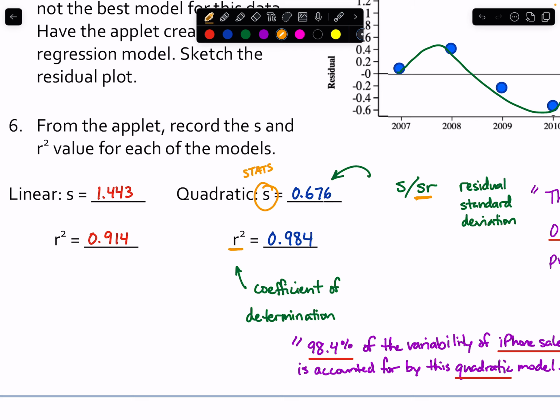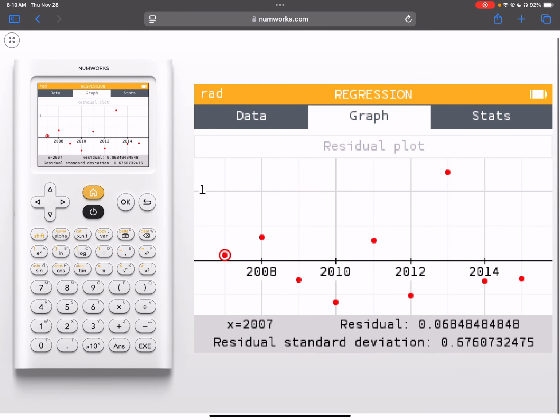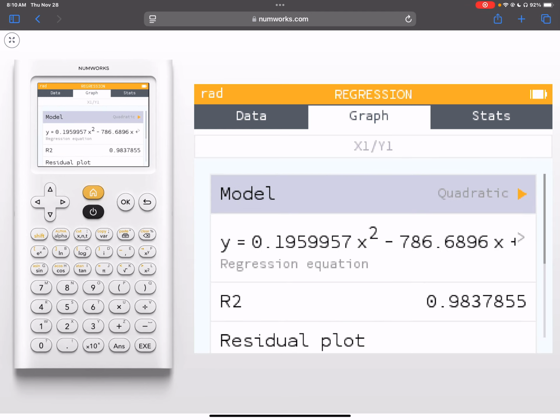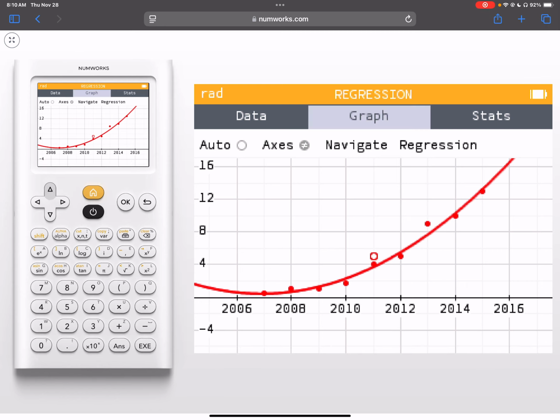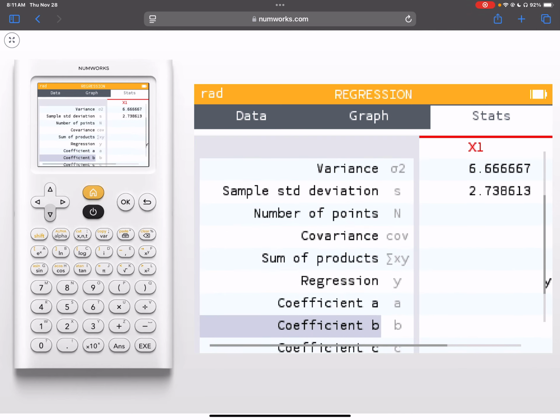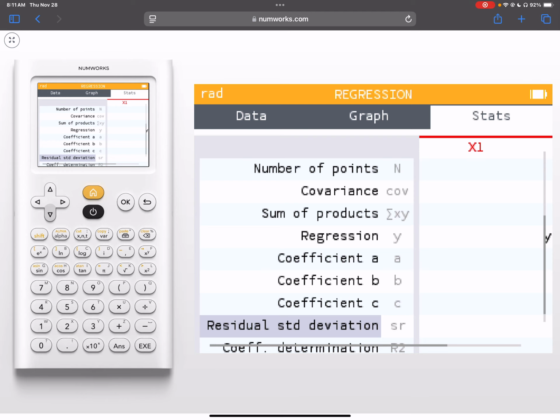So you have your data, and you do this for both models. I'm just going to do this for the quadratic one since I already have that set up. If you go back to your graph, go all the way over to stats, and scroll all the way down until you get to, in this case, SR, it says residual standard deviation.